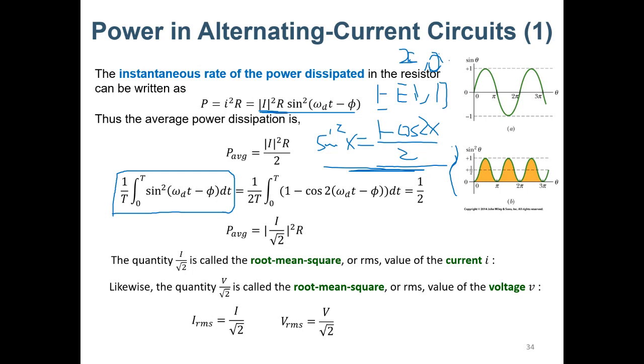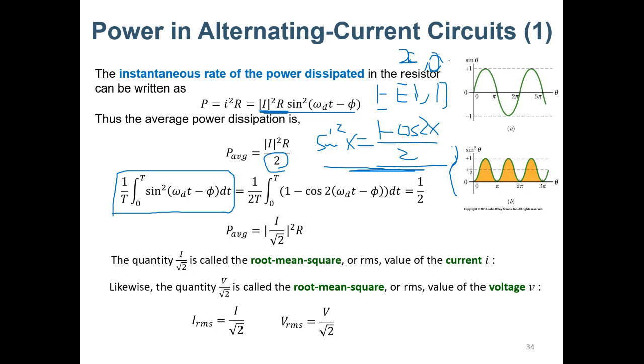I and R are constant, so you can just pull them out. We only care about how these two come from.